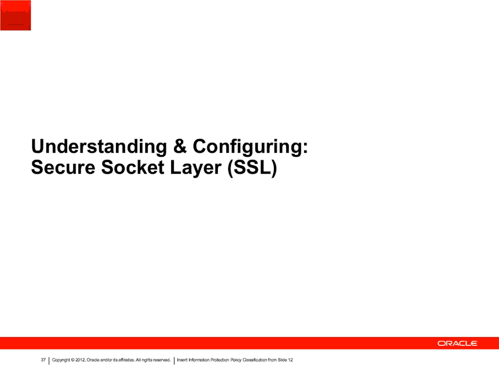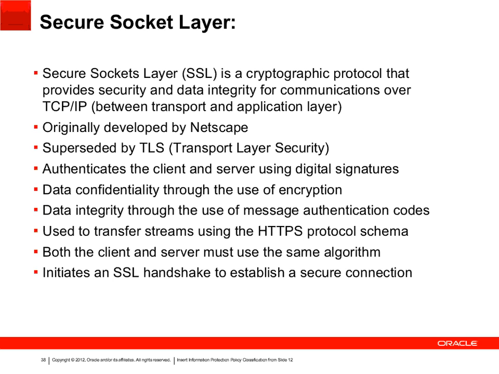Moving on to the last topic of the day: understanding the basics of Secure Socket Layer and its configuration in terms of the BI Publisher reporting solution. So, what is Secure Socket Layer and what is it used for?